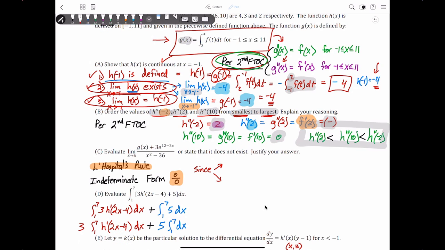Okay, so first, let's start off by mentioning that the numerator, which is g of x plus 3 times e to the power of 12 minus 2x, is continuous. We have to mention this first. And we can also show with the denominator the same thing. X squared minus 36 is also continuous.